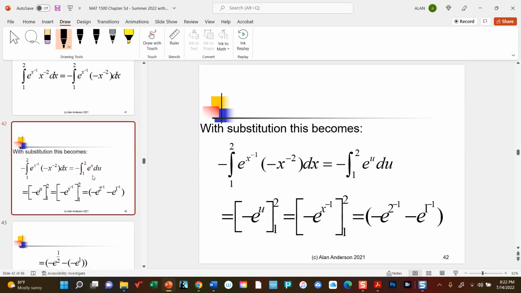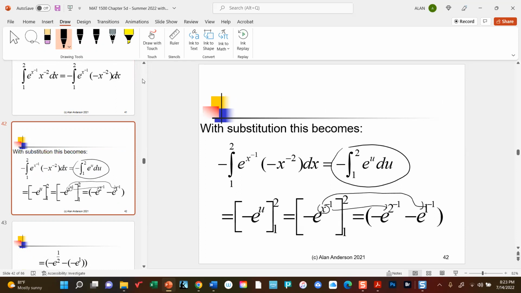So that's what I've got here. This is where we just left off. So this becomes minus e to the u evaluated from 1 to 2. And so what you're actually doing here is replacing the x with 2 here, and then over here, you've got 1.